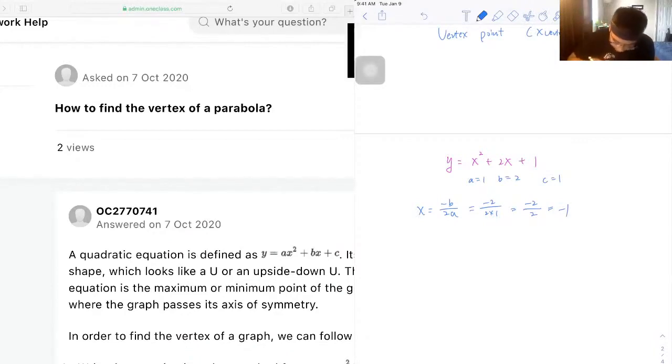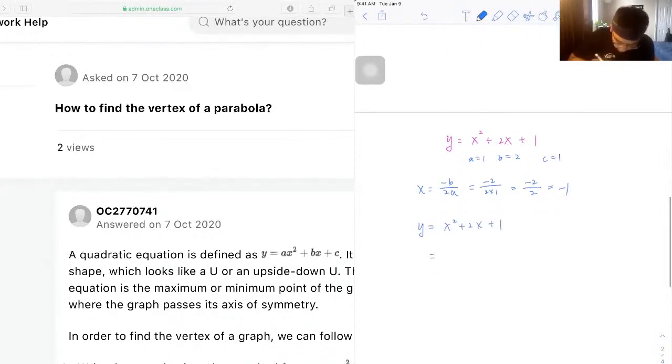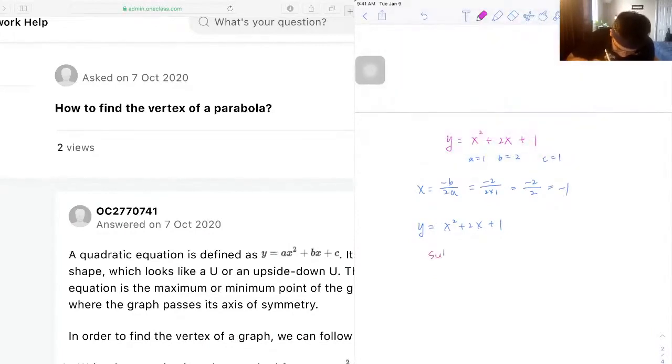Right. And now since we have the value of x, we just need to substitute it back into the equation in order to get our y coordinate, which is given by y is equal to x squared plus 2x plus 1. Substitute x is equal to negative 1.